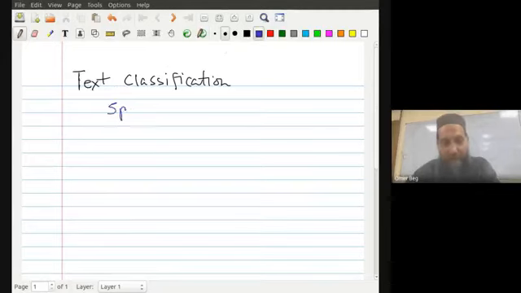The spam detection is the type of classification in which you are looking at an email and you're trying to say, is this spam or is this not spam? So how is it happening?